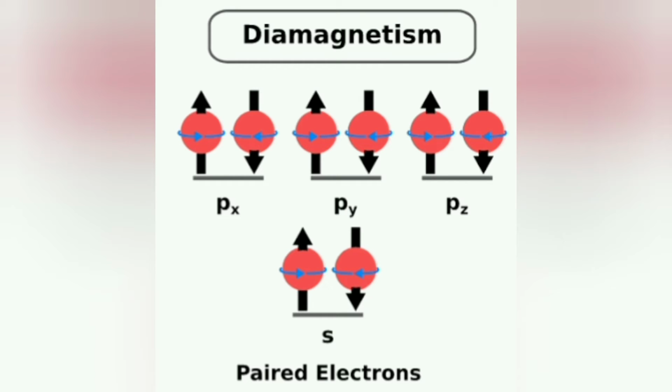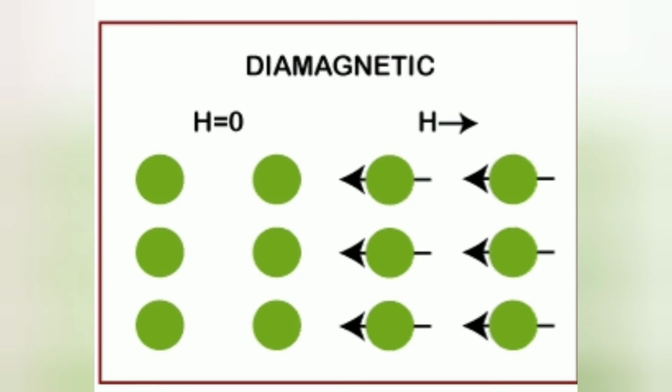Here also in this diagram, you can see that in the absence of a magnetic field, that is when H is equal to 0, there is no magnetization that is visible in the atoms.